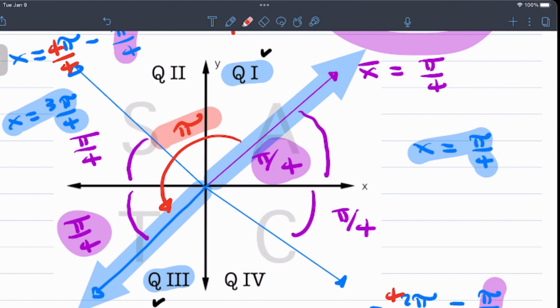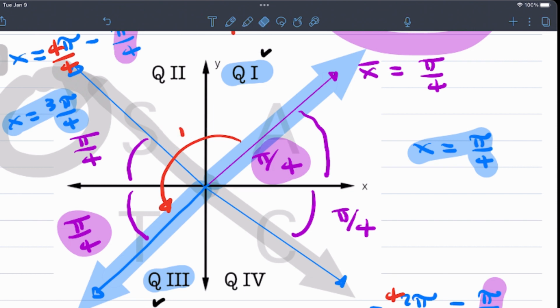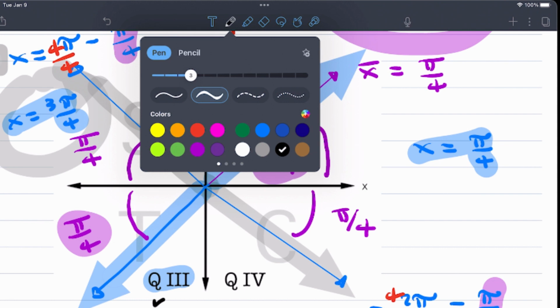You're going to also notice that if you said, what if I took the other solution of 3 pi over 4? Don't we have opposite quadrants as well? And the answer is, yes. So here you have opposite quadrants as well.